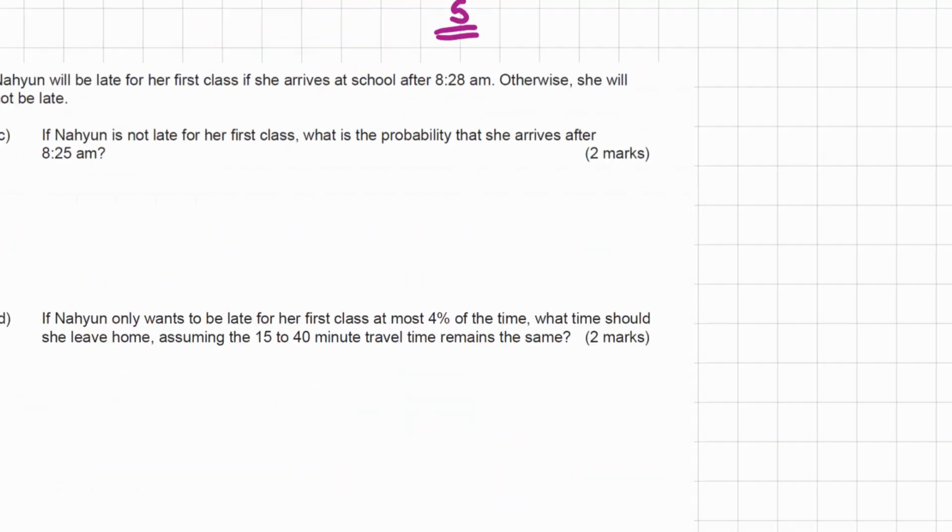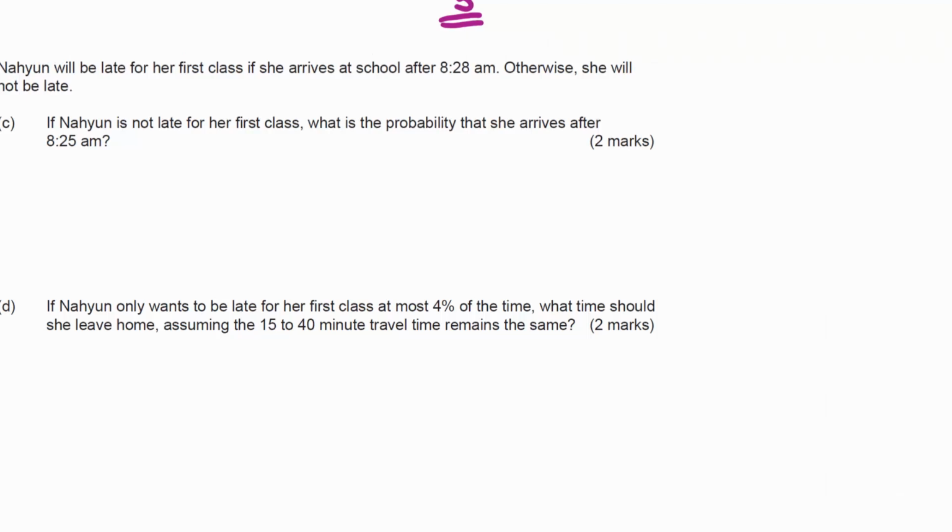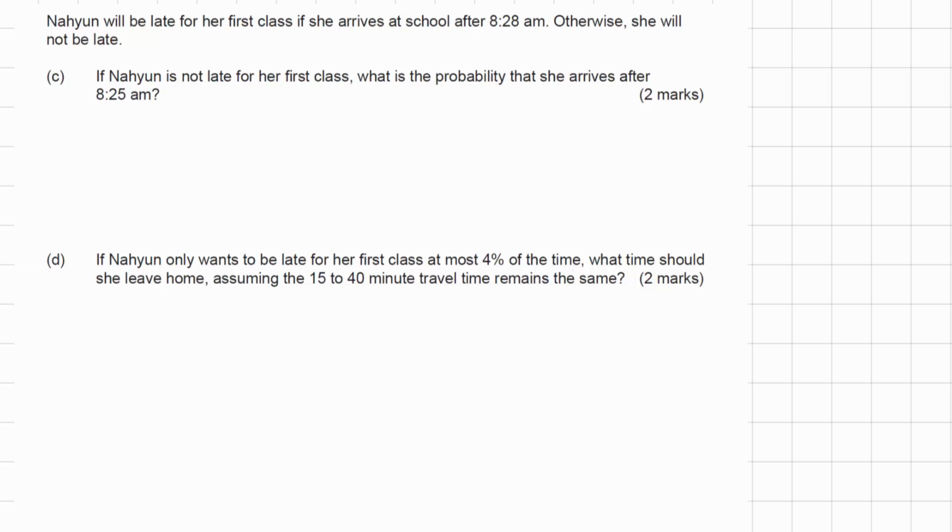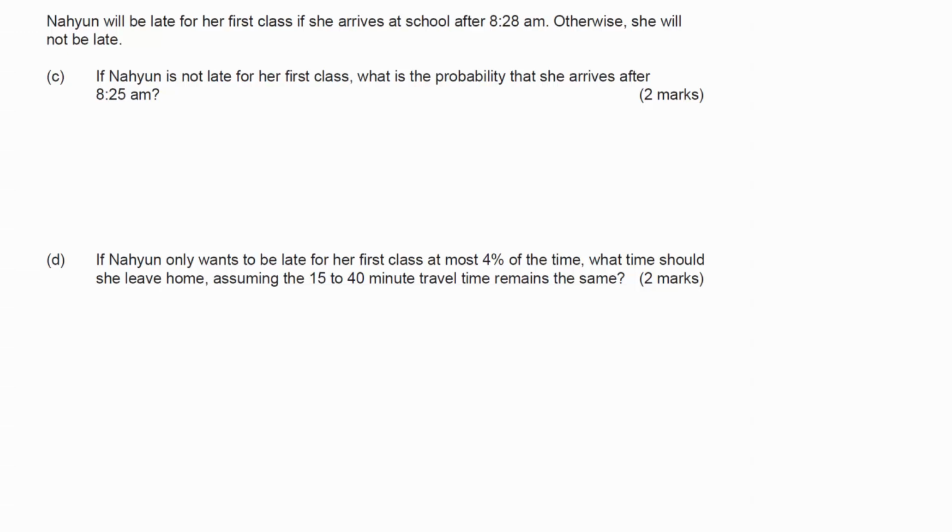We now have some more information. We're told that Nyan will be late for her first class if she arrives at school after 8:28. Otherwise, she will not be late. If Nyan is not late for her first class, so that's a given, so we're being given that x is less than 28. What is the probability that she arrives after 8:25?